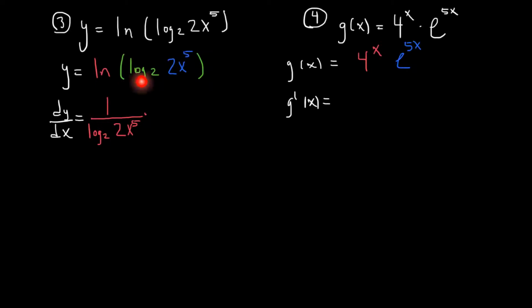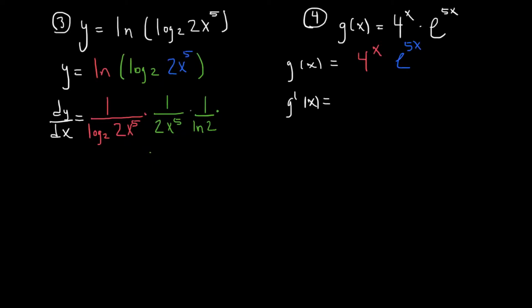So the derivative of log base 2 would be 1 over 2x to the fifth. But then because it's not an ln, but a base 2, then we have to apply its correction factor. So times 1 over ln base 2, and then by the chain rule times the derivative of its argument.